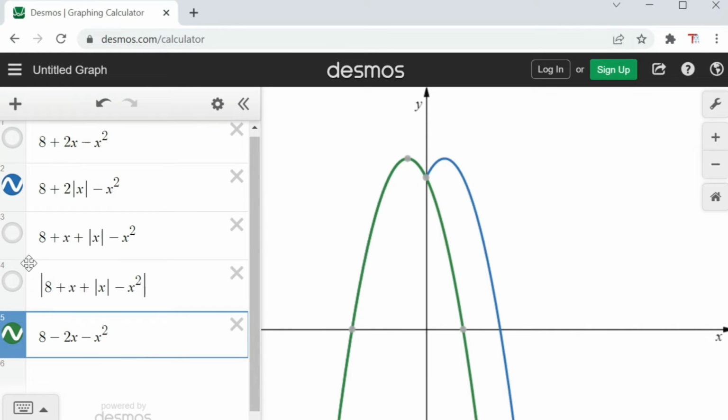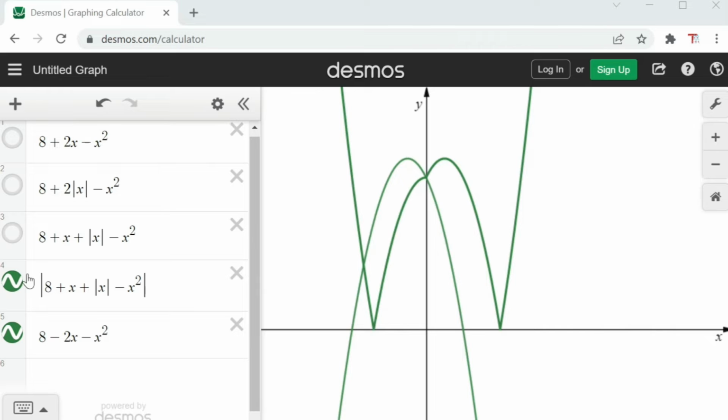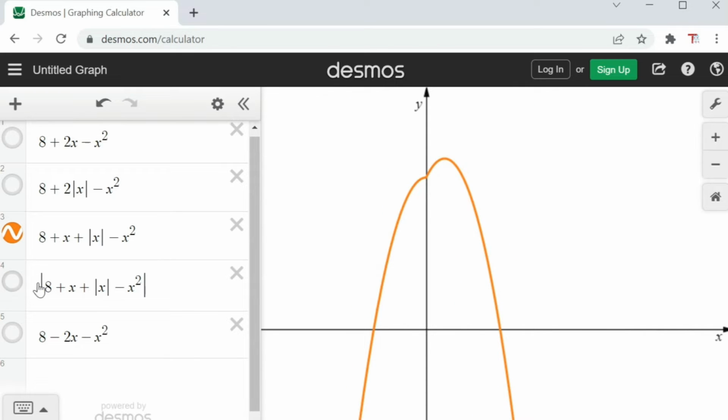Well, let's just get rid of that graph and let's get rid of this graph. We've got our graph over here, and if I mod it, I get that graph over here. I need to find out where this point is here. How could I do that? Well, what we mentioned is for this bit over here, we had the graph of 8 minus x squared.